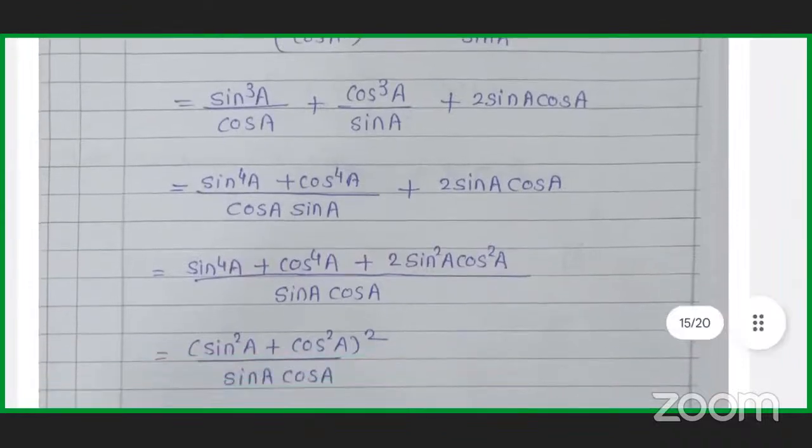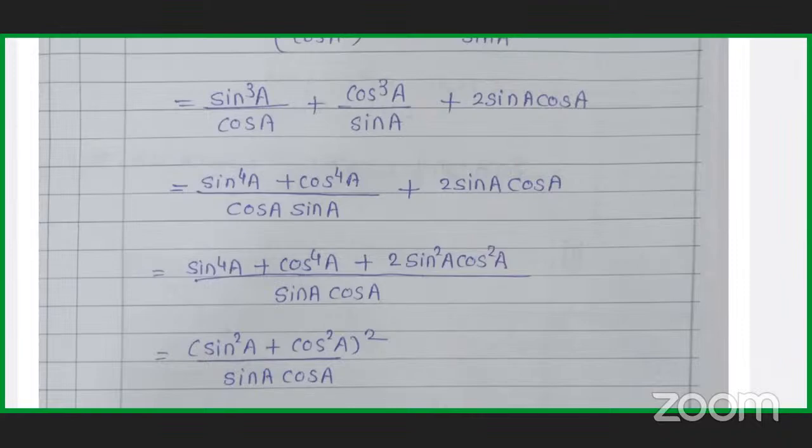When we observe here, it is of the form A square plus 2AB plus B square. It is nothing but sin square A raised to square plus cos square A raised to square plus 2 sin square A cos square A. So we have to write it in the form of (A plus B) whole square.